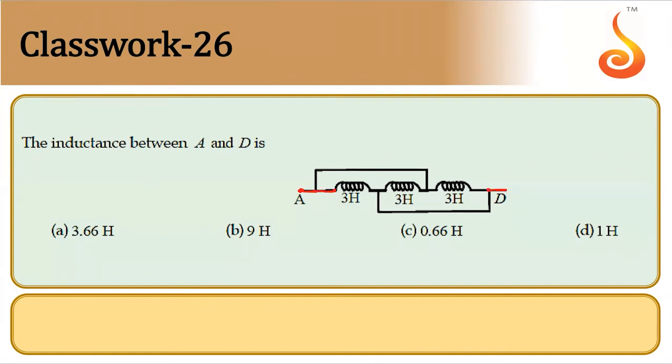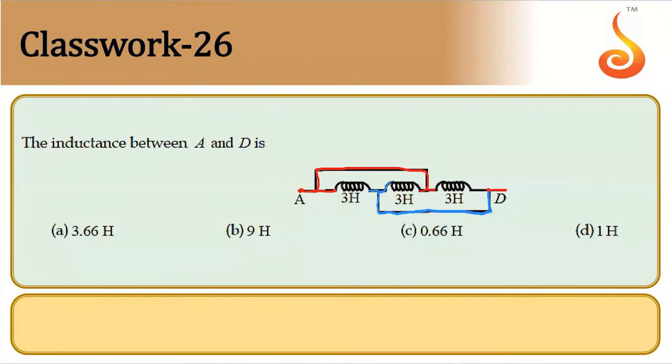One end of this is connected to A. Other end of this, we'll mark it in blue, is connected to D. One end of this 3 Henry is connected to D. Other end is connected to A.